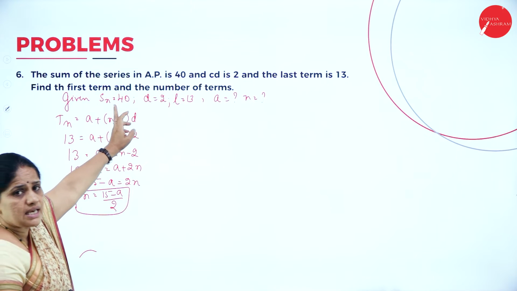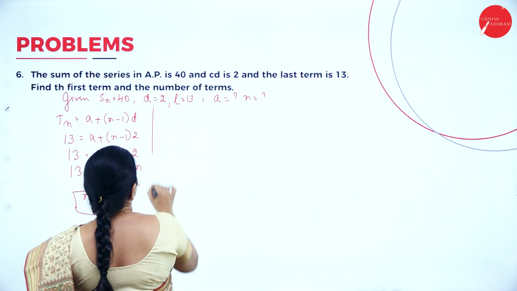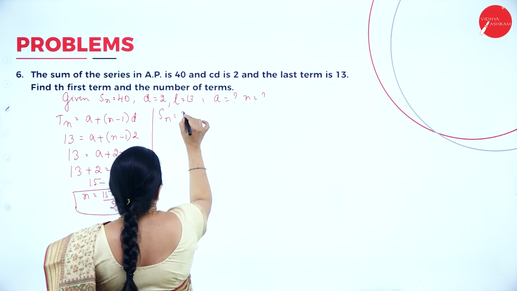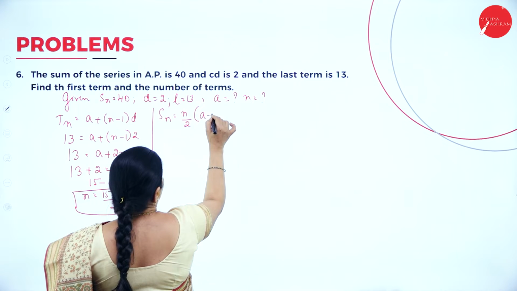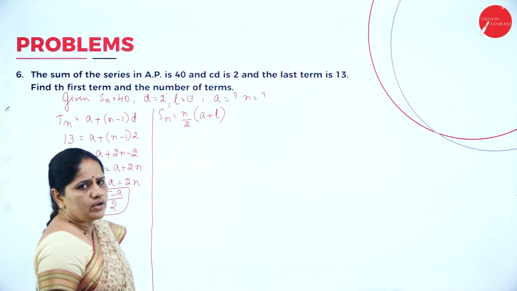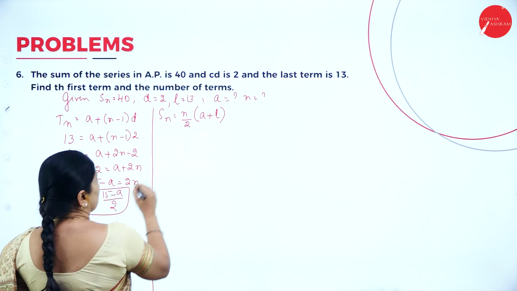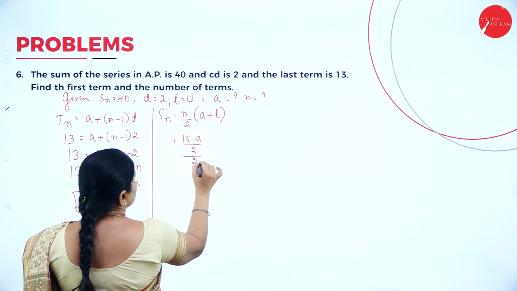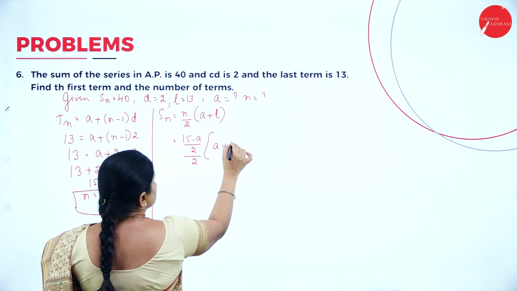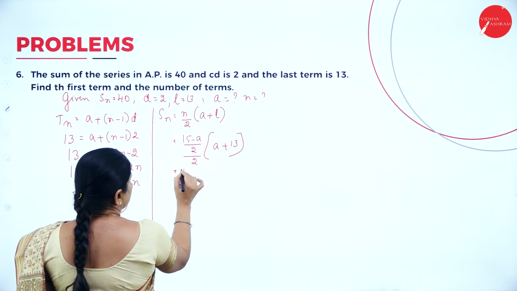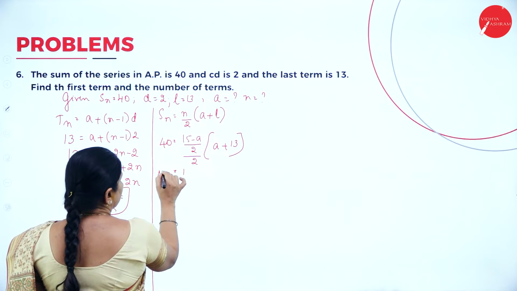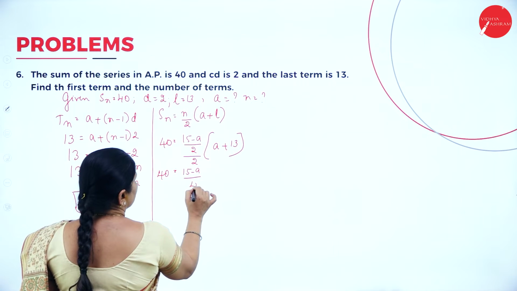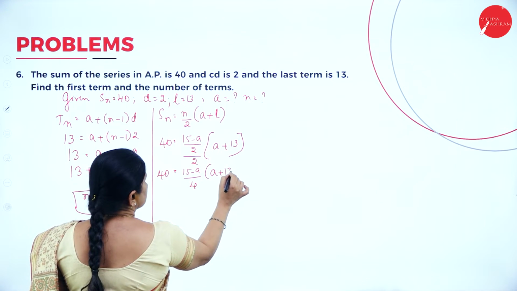Now they have given us the sum of the n terms. So I will write the formula for this. So the Sn formula will be n by 2 into A plus L. Okay, so this will be, we know the value of n is 15 minus A divided by 2, whole by 2, into A plus 13. So, Sn is also given, 40 equals 15 minus A by 4 into A plus 13.